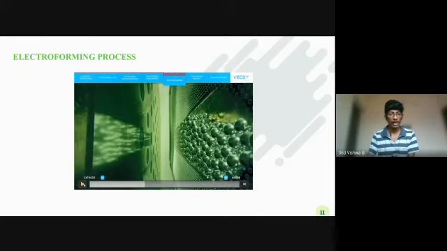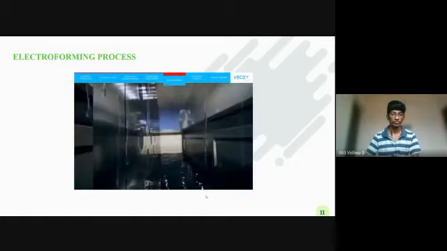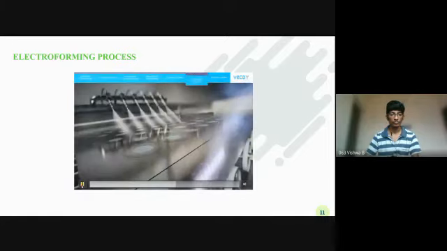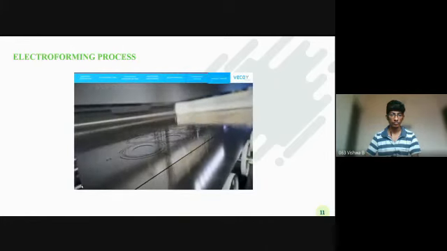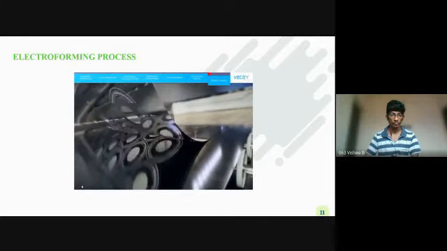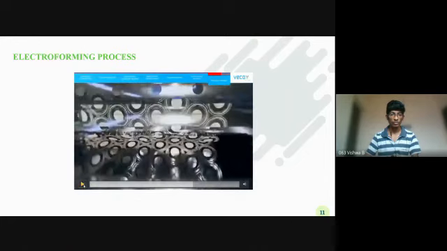The transfer of ions takes place. This is removed from the mandrel.